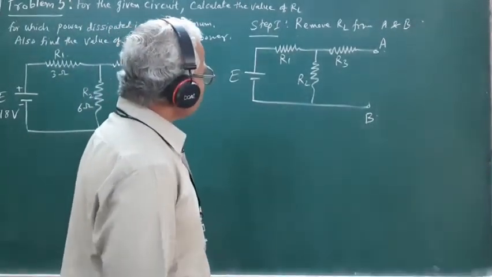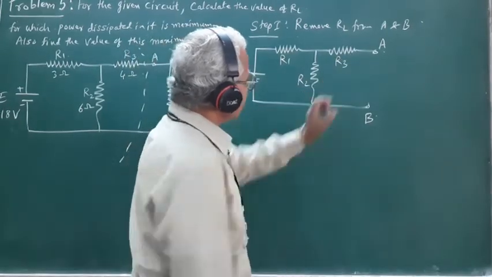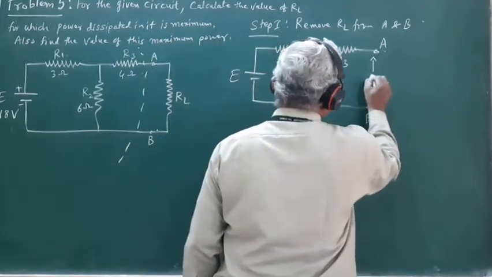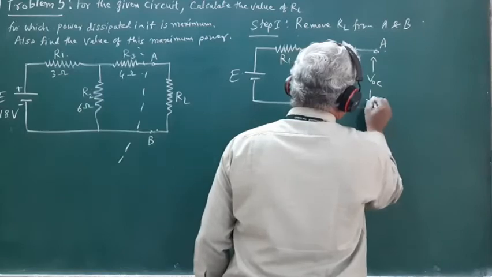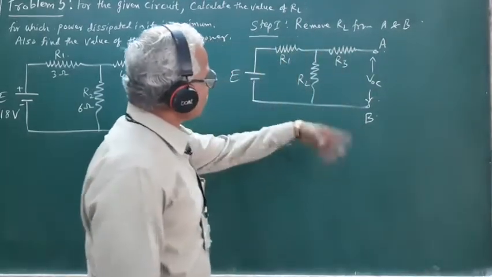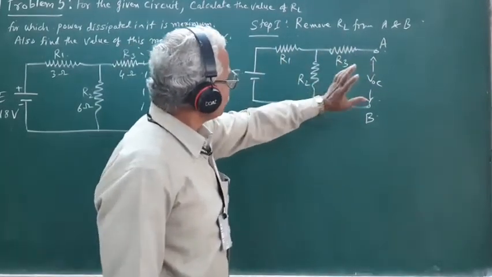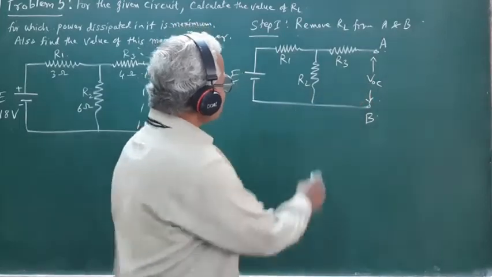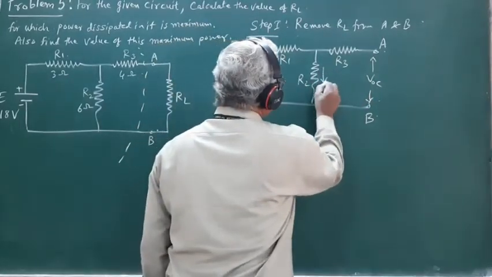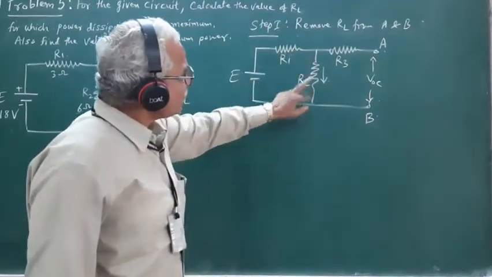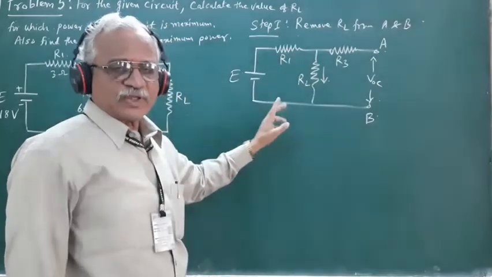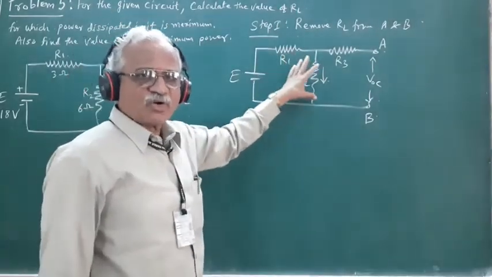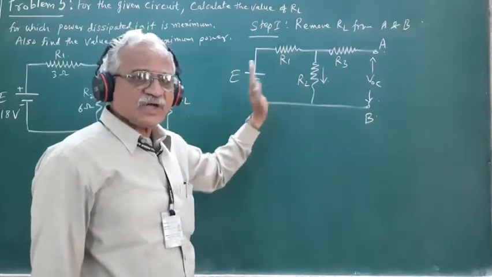So to find out the value of VTH, this open circuit voltage VOC is nothing but equal to VTH, and this open circuit voltage across terminals A and B is nothing but the potential drop produced across this resistance R2.